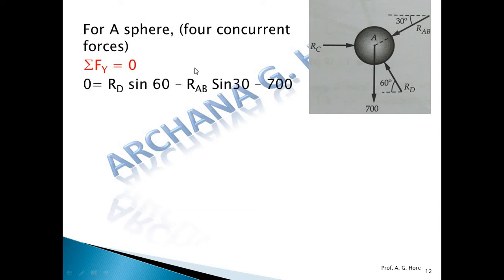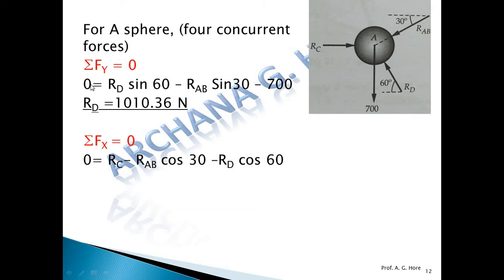Okay, now RAB we have the value, put that value, simplify that equation. Unknown is only RD. Now by simplifying that we get the value of RD, the contact reaction at point D. Similarly apply the next equation, summation Fx = 0, then x component of RD, minus RD cos 60, then minus RAB cos of 30 degree and plus RC.